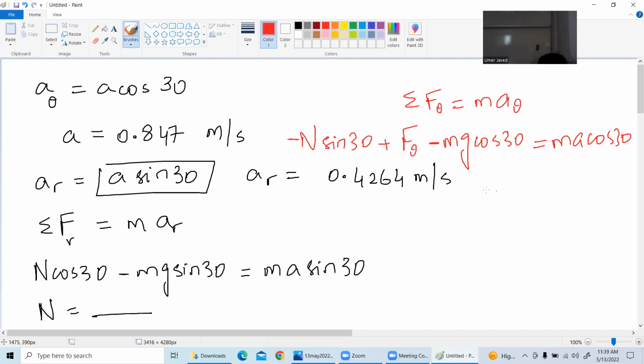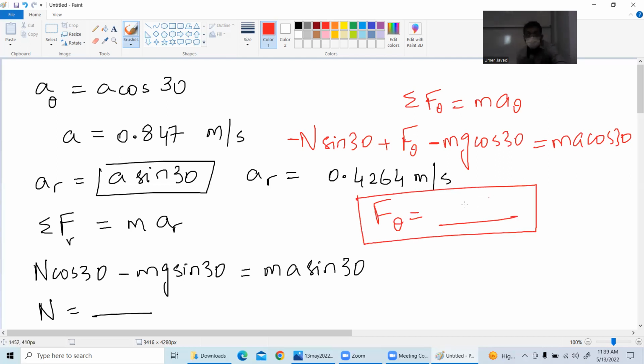And you can also get the value of F theta. 1.23 Newton.